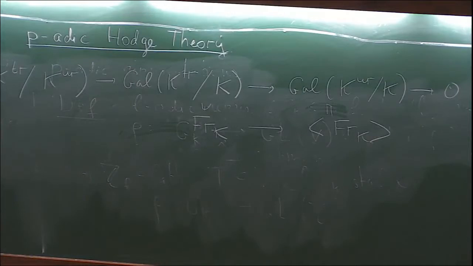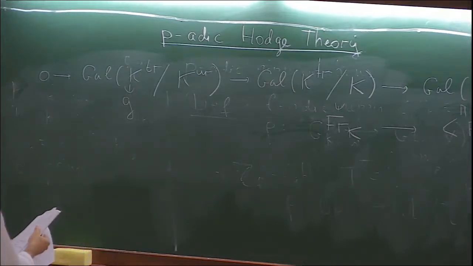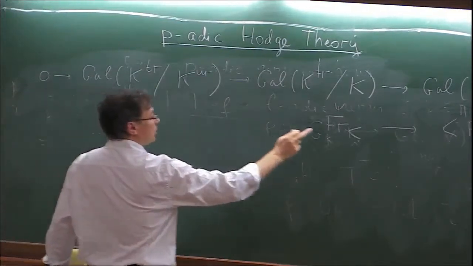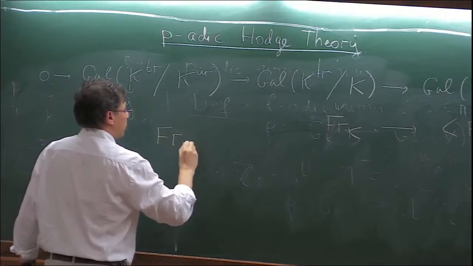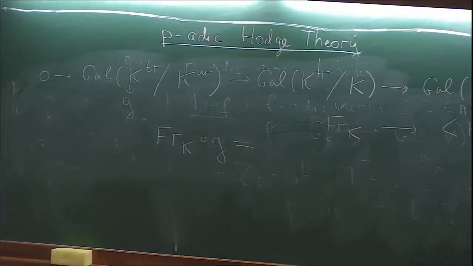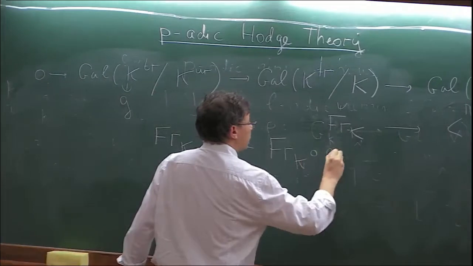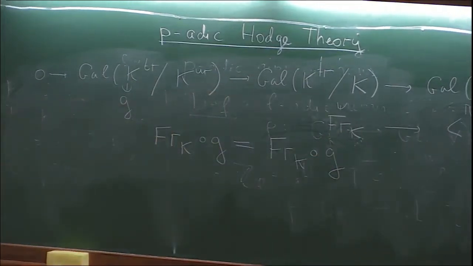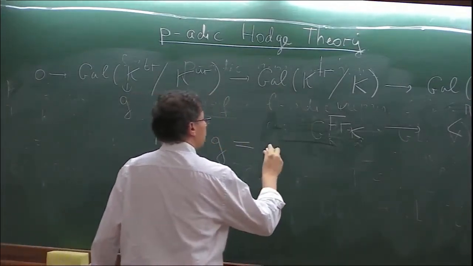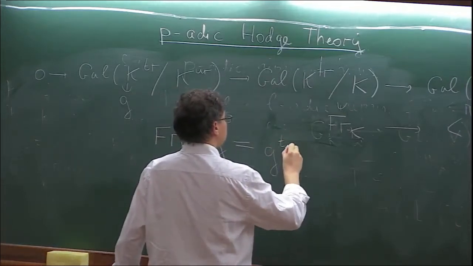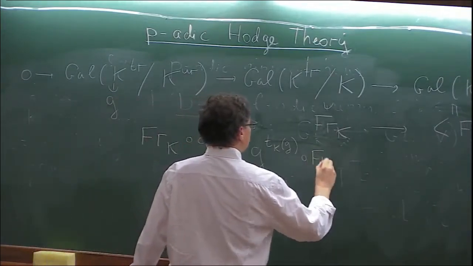And here we have, so take some element G. And then we can write the relation between G and the lift of Frobenius, which says that this composition is equal to the composition of Frobenius, G at Tk of G, Frobenius.